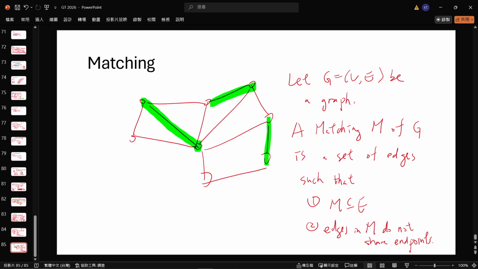And these edges cannot touch each other. So the first important question for this course is to find the largest matching, okay?